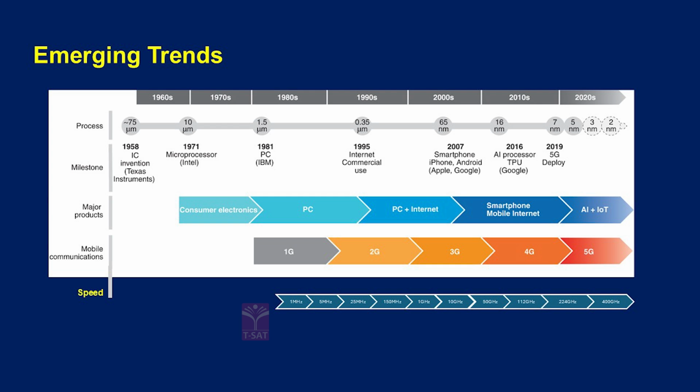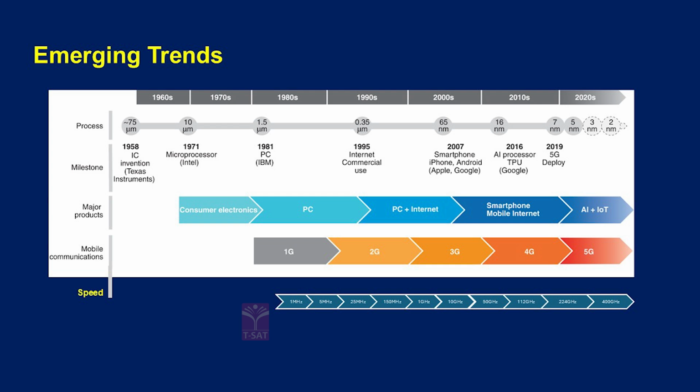AI was introduced at that time, and then 2019 5G and deployment, and then 5 nanometer, 3 nanometer, 2 nanometer. Right now in the industry, the focus is on the lower technology nodes, around 2 nanometer, 3 nanometer, 5, 7, 16. Those are the nanometer technologies we are designing right now.